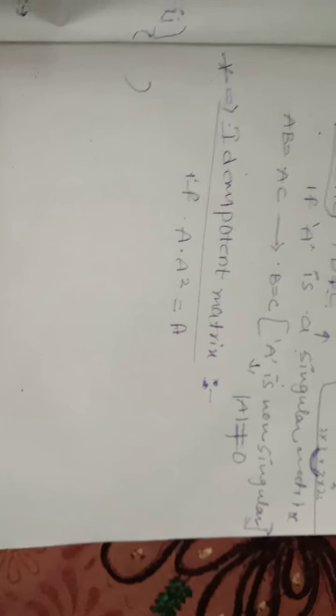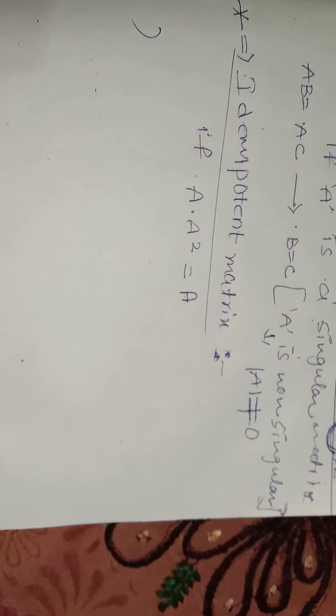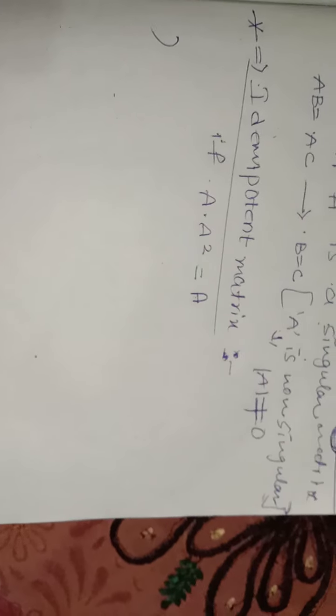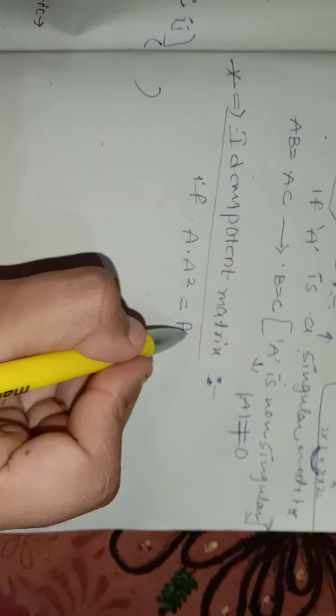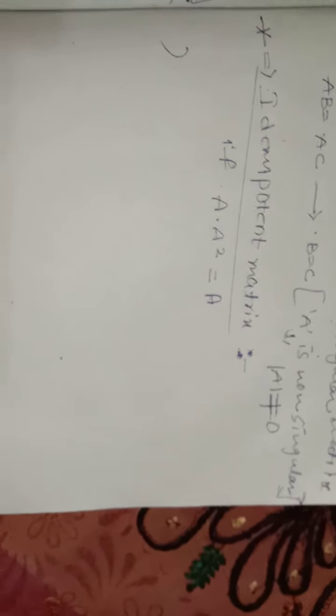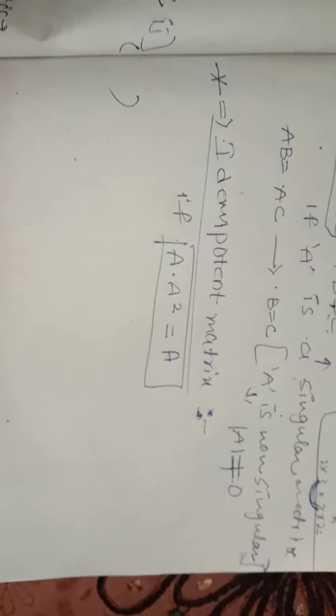A only. If any matrix is multiplied with the square of its matrix, then the resultant will be the same matrix. Then A is the matrix known as the idempotent matrix. Okay, this is the condition for the idempotent matrix.